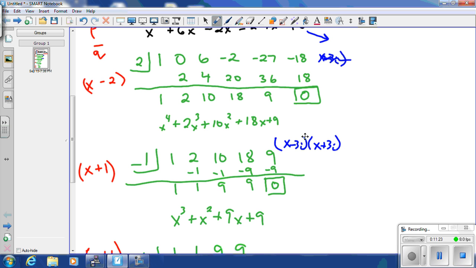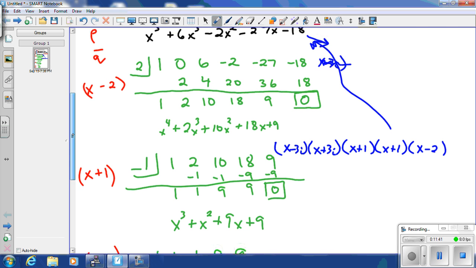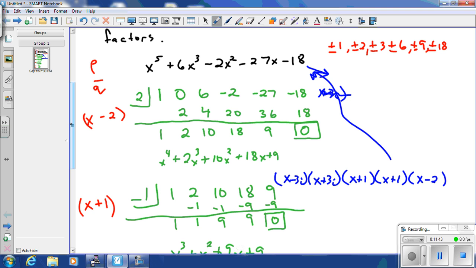Okay, those are the two complex or imaginary roots. Then I have two x plus 1s. And I had an x minus 2. This will equal that guy up there. If I multiply all that out, I'm getting right back to it, and this is a completely factorized version of that polynomial.